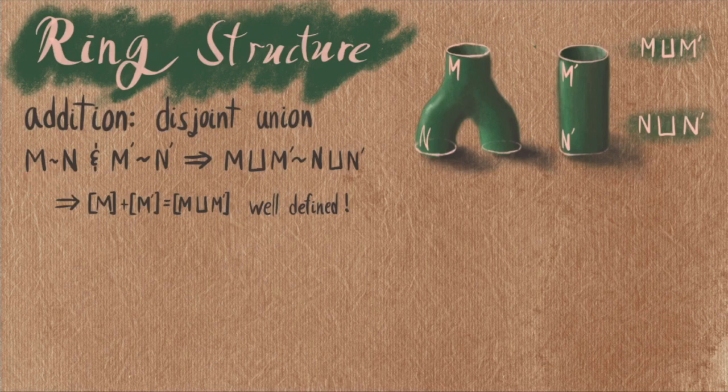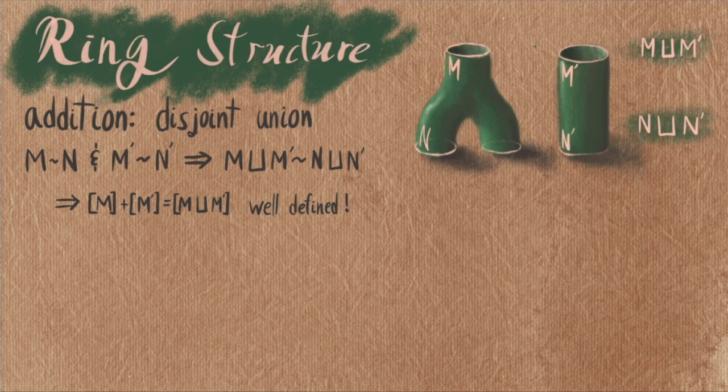Translated, that means that if we have a cobordism between a manifold M and a manifold N, and then another one between M prime and N prime, can we get a cobordism between the disjoint union of M and M prime and the disjoint union of N and N prime? And as you can see here, yeah, you can. You just stand them up next to each other.